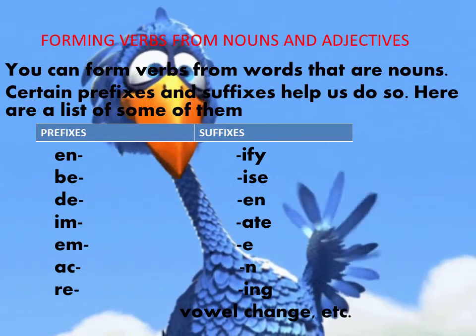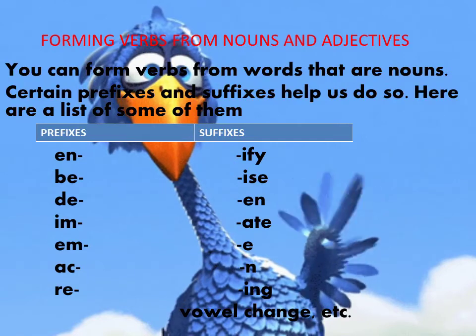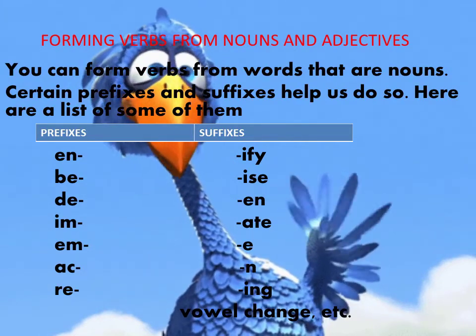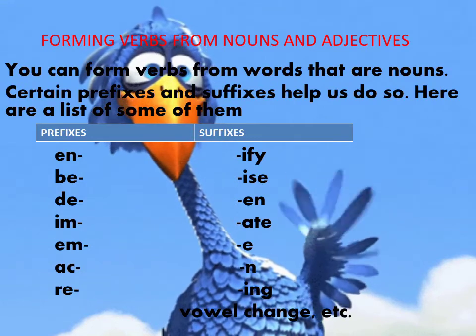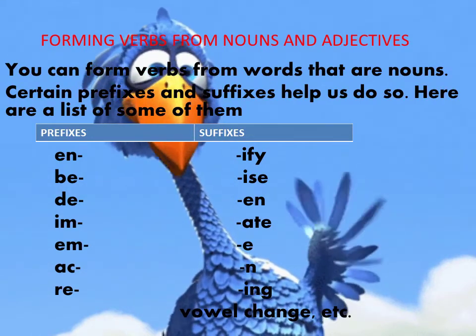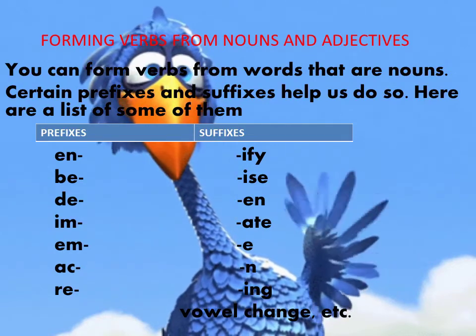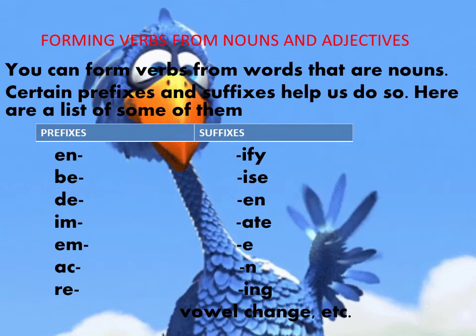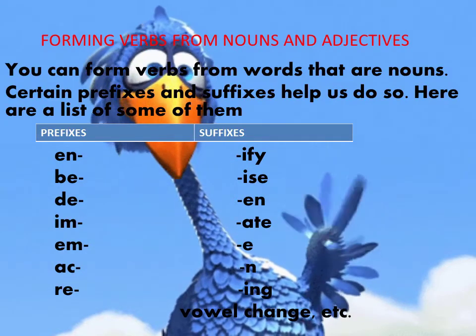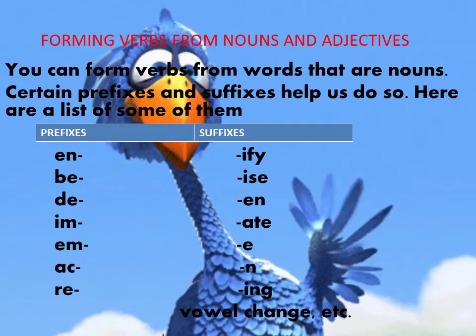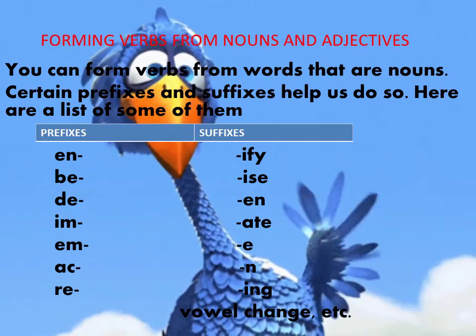So for the prefixes, we have attachments such as en, be, de, im, em, ac, re, and so on and so forth. Then for the suffixes, we have ify, ise, en, ate, and ing, plus a whole lot of them.